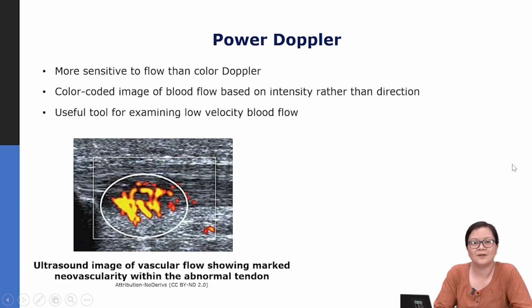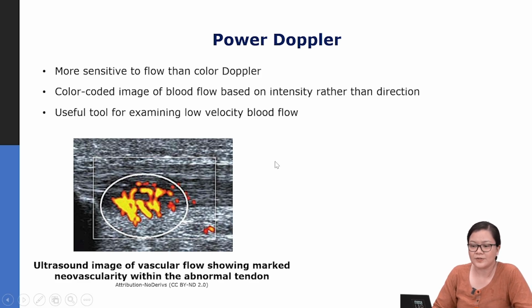The next ultrasound Doppler mode is power Doppler. Now, this is a more sensitive mode compared to color Doppler, the reason being that it focuses more on the intensity, so it doesn't look into the direction further. So all the image processing is only focused on the intensity of the ultrasound, and that improves the sensitivity to the amount of blood flow.